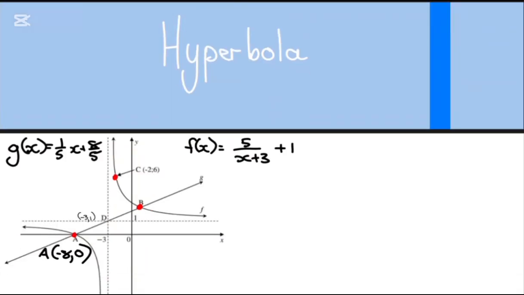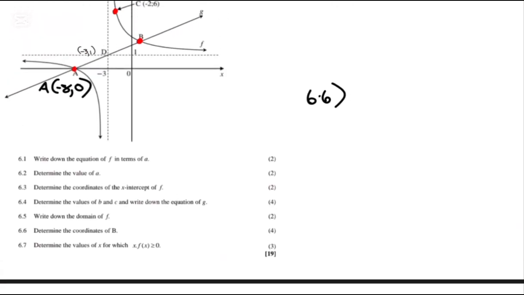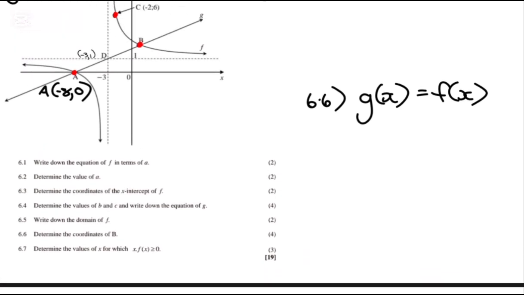And okay, so we've done 6.5, we wrote down the domain, and now we need to do 6.6. 6.6 asks for the coordinates of B, which is the intercepts of the two functions. And what do we know when we've got the intercepts? We're going to take this g of x, because those two functions are equal at those intercept points. Okay, so let's write down my g of x.